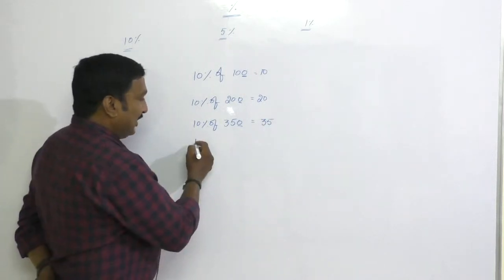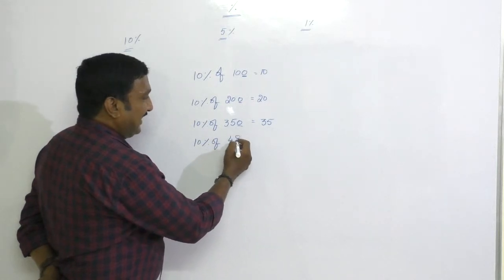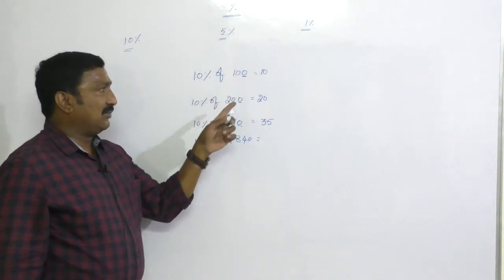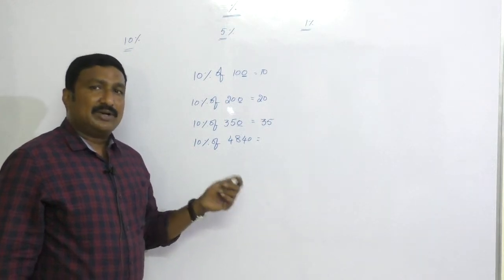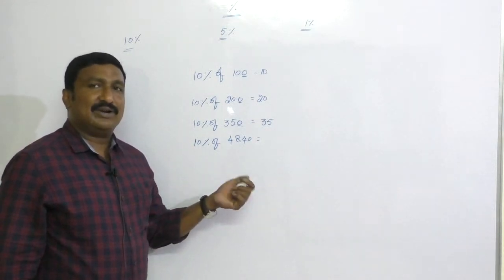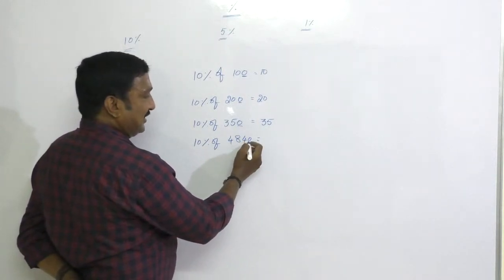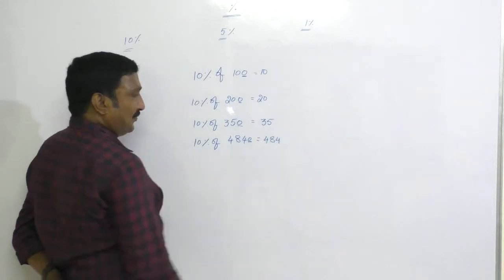Similarly, if I want to calculate 10% of 4840, whatever the number, whether it is a 2 digit, 3 digit, 4 digit or 5 digit number, if 0 is there you have to eliminate it. So 10% of 4840: the last digit is 0, eliminate it, and we get 484.